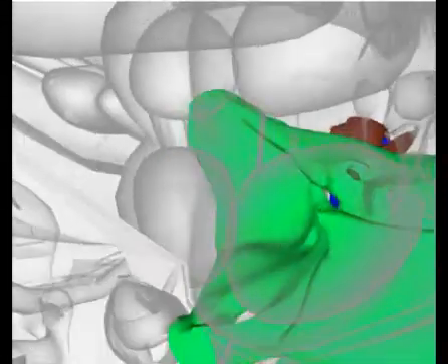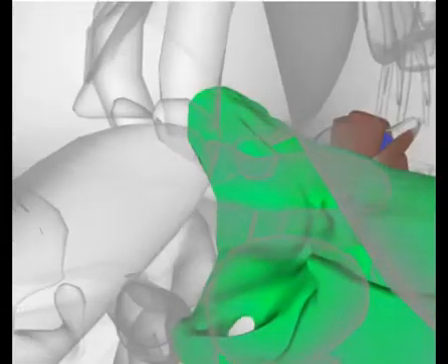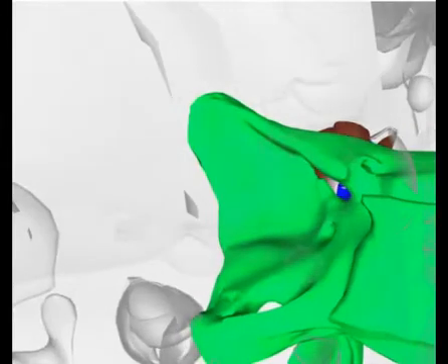So the common tendinous ring is a structure which encloses the optic canal and the middle part of the superior orbital fissure.